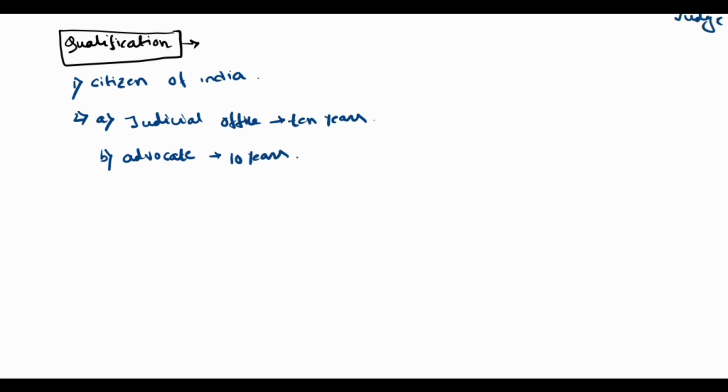There is no provision for a distinguished jurist in the case of High Court. It is thus clear that the Constitution has not prescribed a minimum age as qualification.